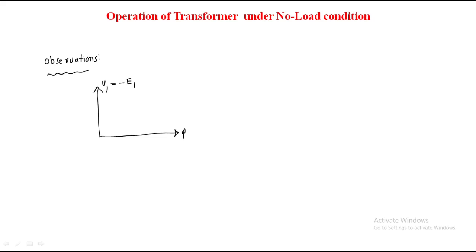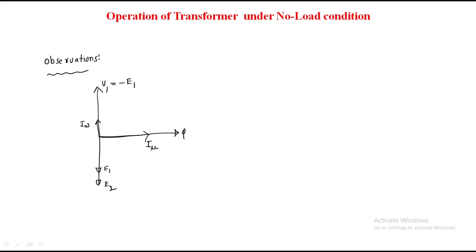This is the flux, and this is what? I mu. This is IW, right? This is in phase with V1. This is E1. This is E2. What is the resultant between these two? Up to this is what? The phasor diagram under no load condition of an ideal transformer.